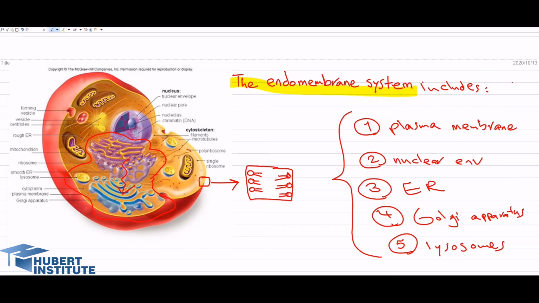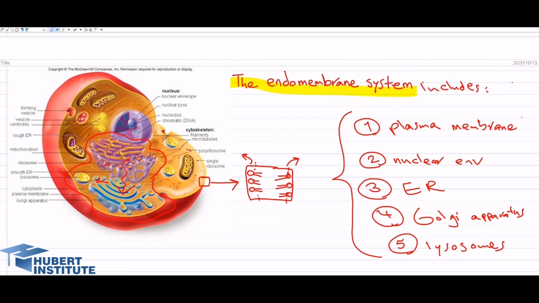And it keeps going. So you have a bilayer of phospholipids. That's going to be true for the cellular membrane, that's going to be true for the outer membrane of the nuclear membrane, and also for other cellular membranes.